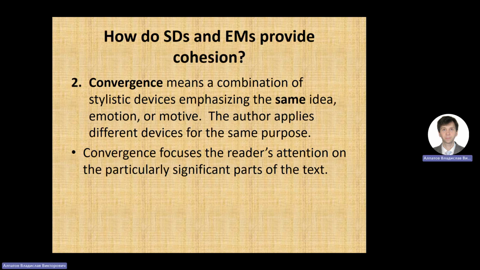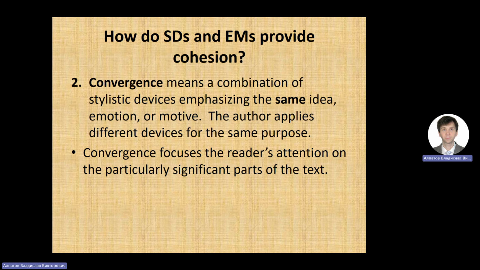And the second term is convergence, convergencia. That's slightly different to coupling, although of course it employs the same sort of stylistic devices and expressive means. Convergence means when you combine several stylistic devices. One of them may be on the lexical level, another on the phonetic level, one more on the syntactical level, but with the same aim.